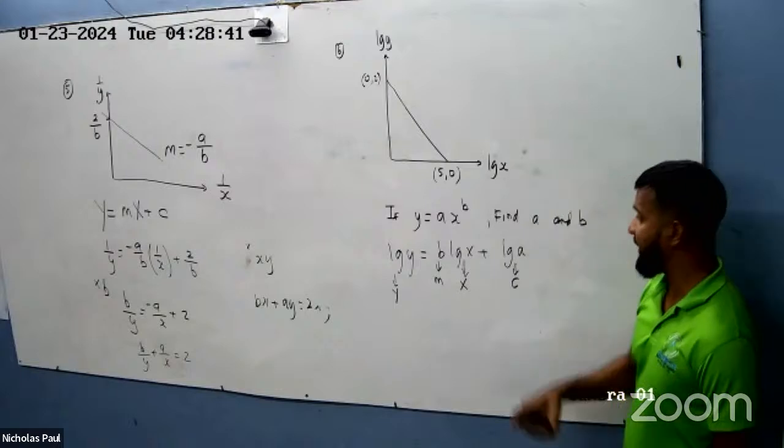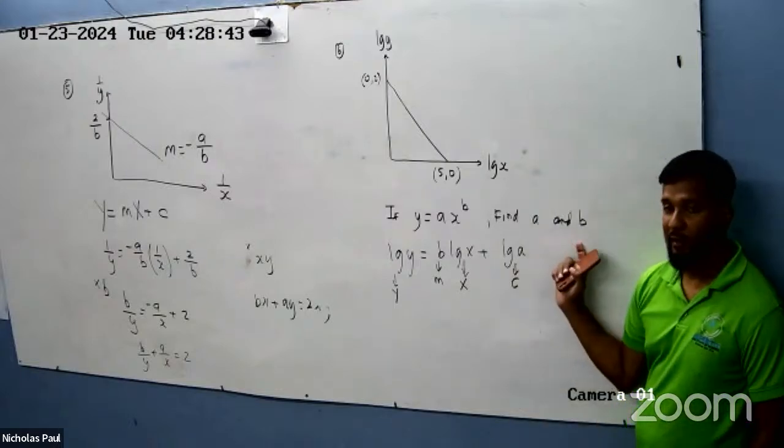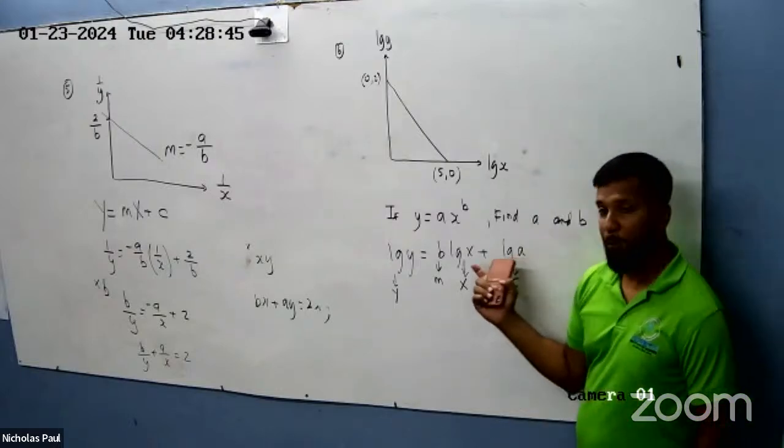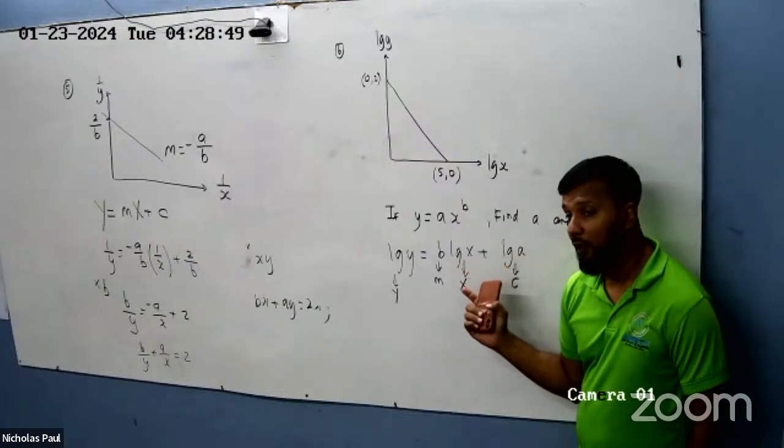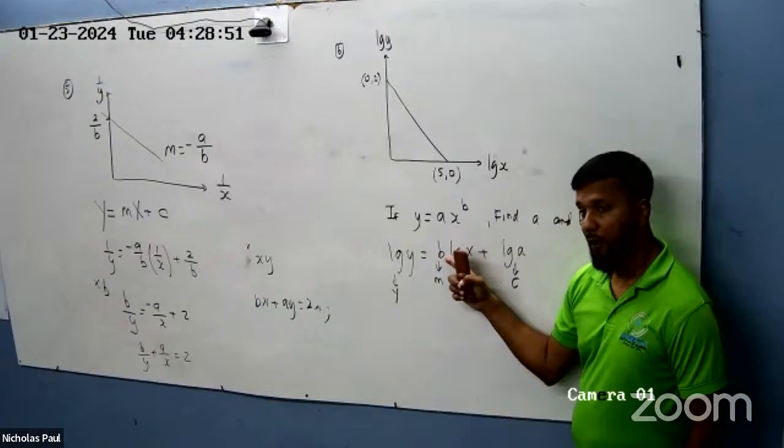The objective of your whole exercise is to find b. B is equal to what?